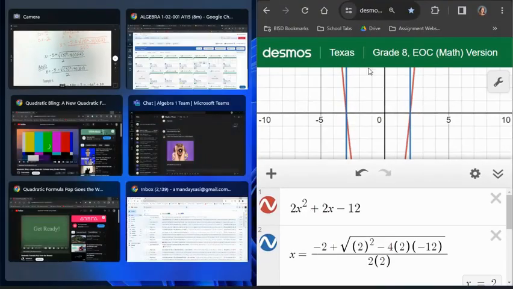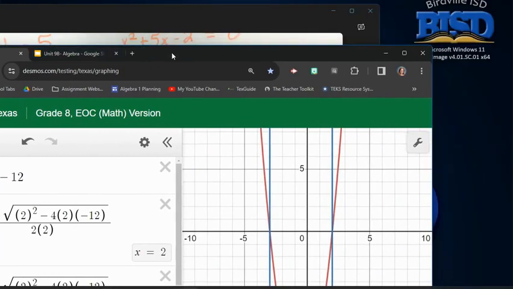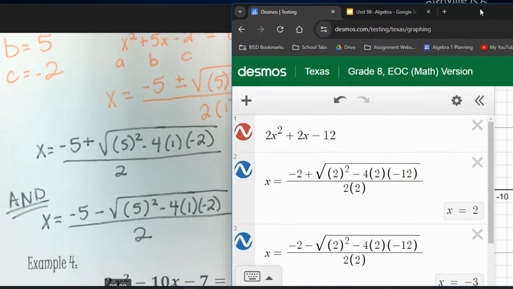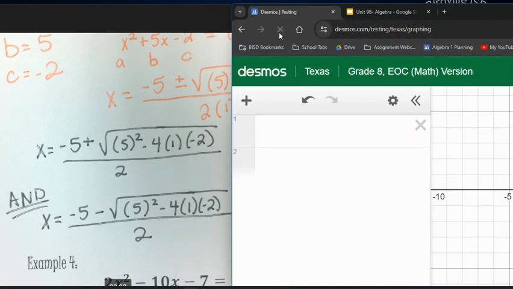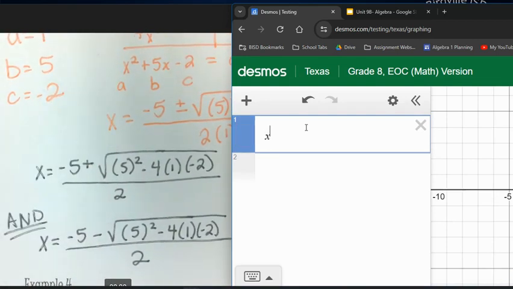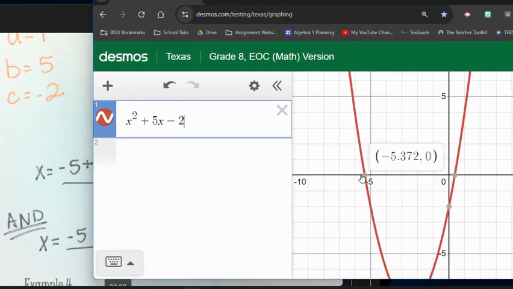I'm going to hit refresh because that gets rid of everything. So I'm going to start with this. x squared plus 5x minus 2. That should give me a parabola.